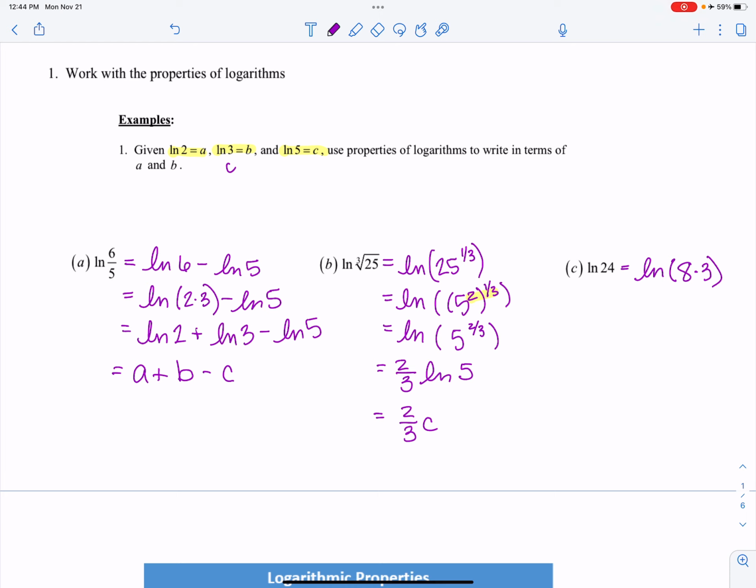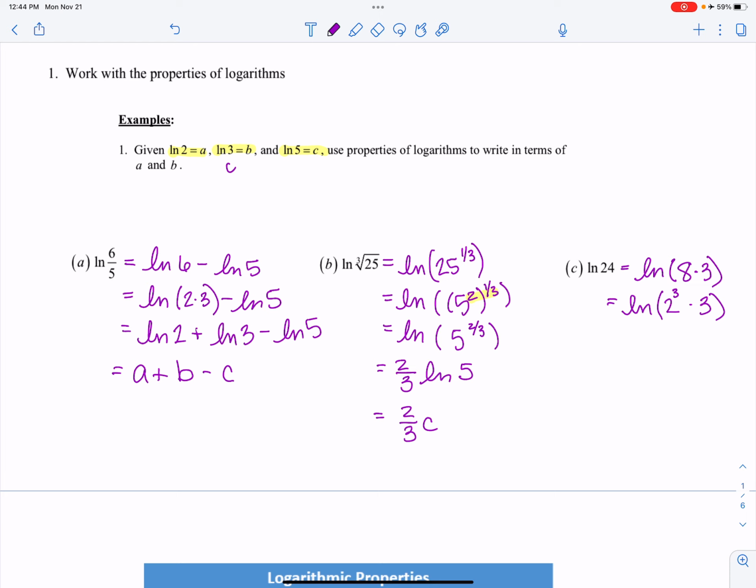And I also know that I can write 8 in terms of 2's. So I have natural log of 2 cubed times 3, because 8 times 3 is still 24.